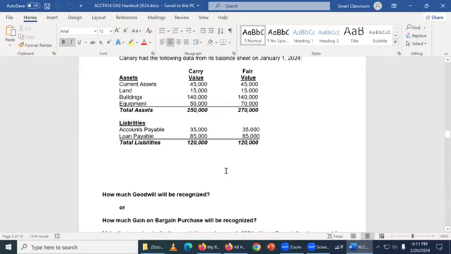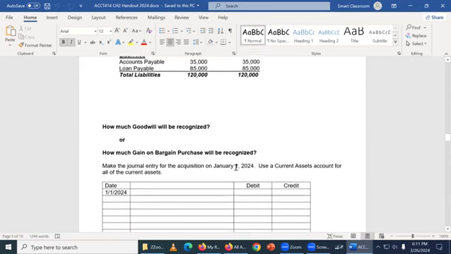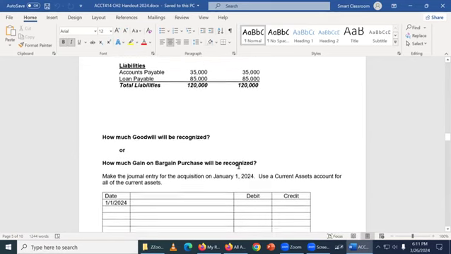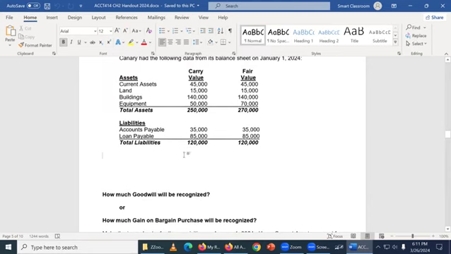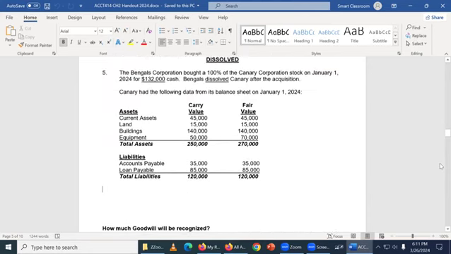Well, let's see here. So let's say our net assets at fair value would be, we talk about identifiable assets, 150.